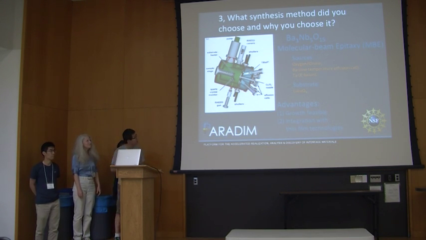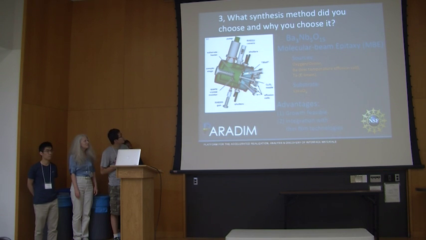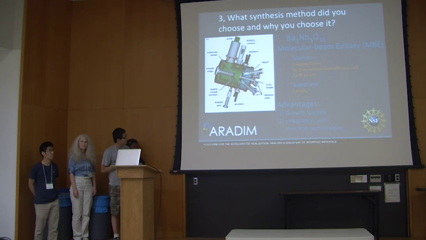And in this case, we chose this substrate for the growth. The reason that we chose this technique is because we think that it is feasible, it is worth trying, and also we can integrate our material with existing technologies.